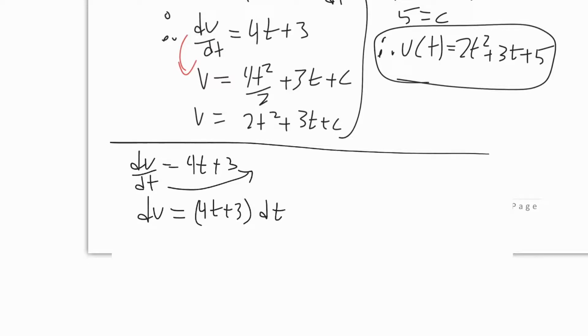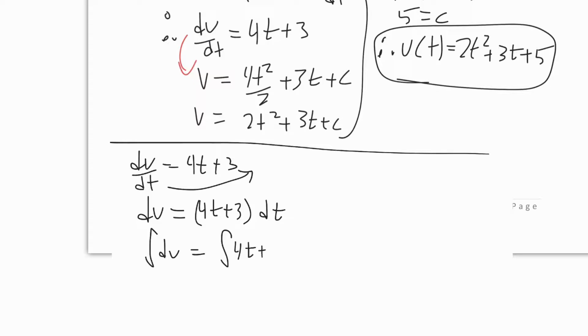Now, you might argue that this is impractical, impossible, wrong to move around the derivative like this, but for some areas of calculus, this is actually valid. You can think about the dt as a variable, and you can multiply it over, at least in this context. And so what we then do is we pop an integral sign in front of each side.